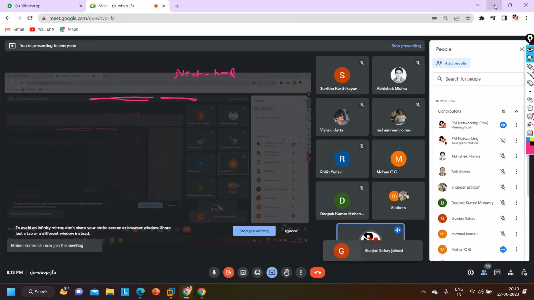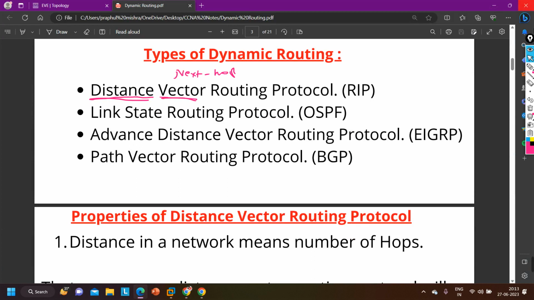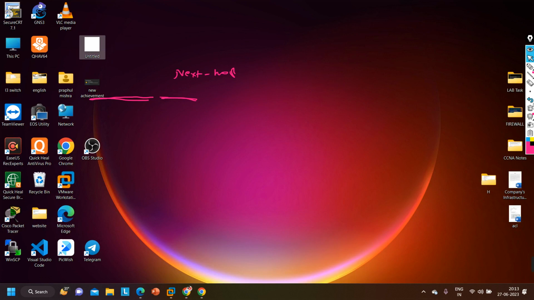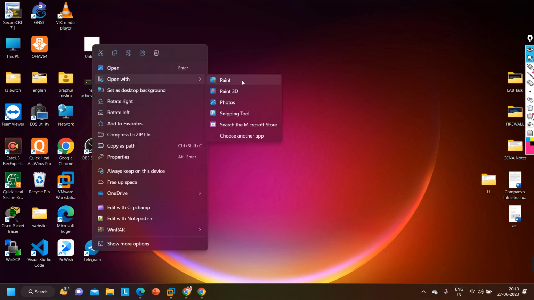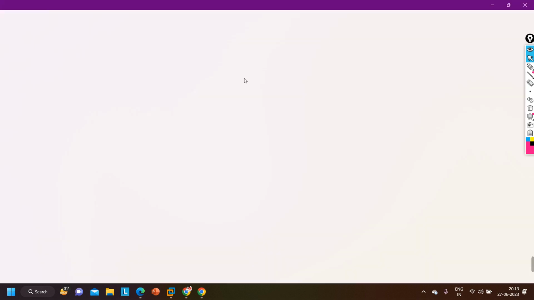By the way, this is not good, because understand one scenario over here. Let's say I have one router over here, one router over here, one router over here, and one router here, like this.